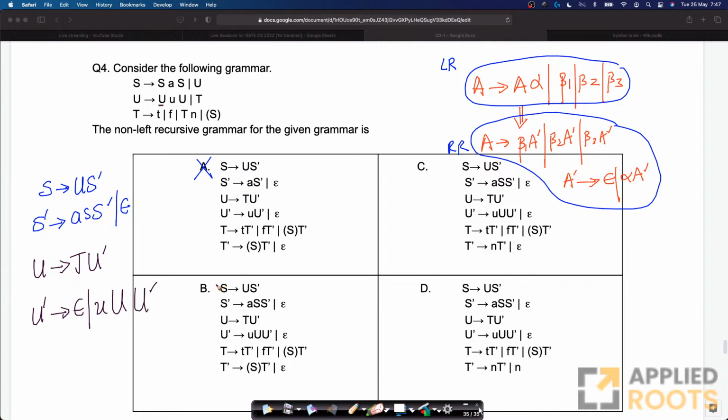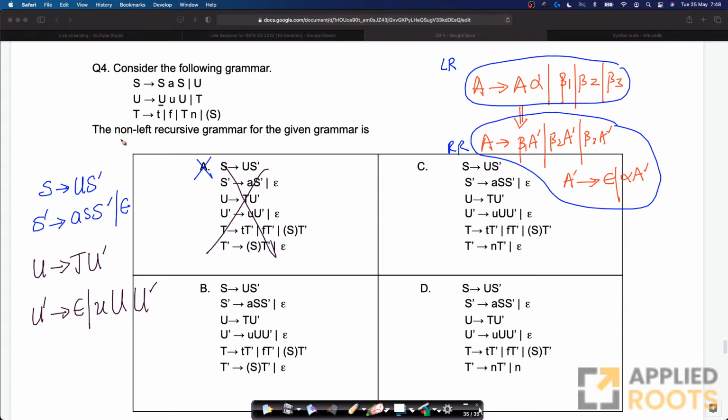That's it, right? So from this, can you eliminate something? U generates this, okay? Yeah, so this is already eliminated. I'm sorry, this is already eliminated. I don't have to worry about it. Let me just cross it. Can I somehow eliminate this? T U dash, U dash epsilon. This could be the answer. What about this? This could be the answer. This also could be the answer.